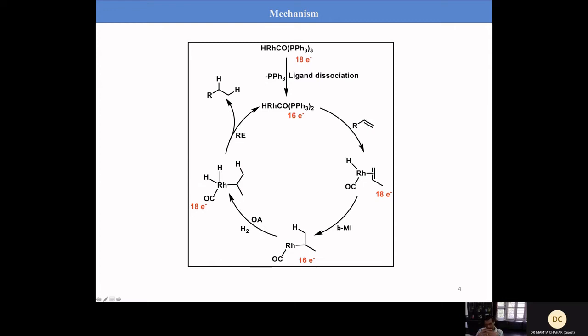Now the valid questions here are, what is the first step? The first step has to be ligand dissociation, because without ligand dissociation, it cannot go anywhere else. Now the next question would be, from this 16 electron species, why can't we have oxidative addition? In other words, can we have oxidative addition over here?